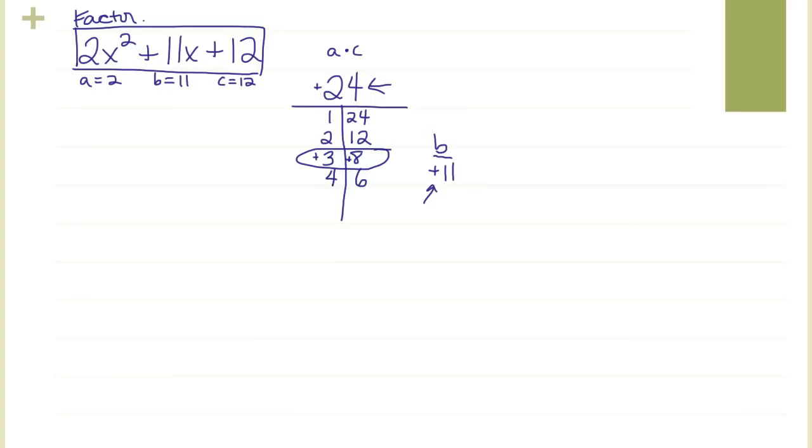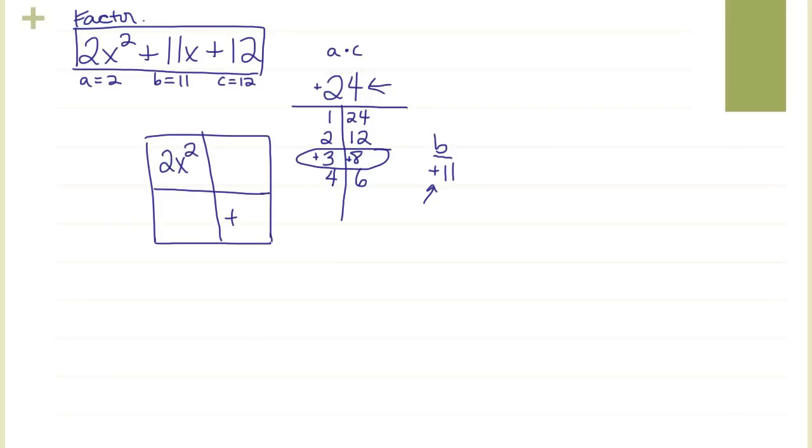So now I'm going to start filling in the inside of the box. When I did that little pre-learning example, we had the numbers on the outside of the box and we filled in the inside. This time we're going to fill in the numbers on the inside of the box to find the numbers on the outside. So the first box always gets filled in with the first term, and the last box always gets filled in with the last term.